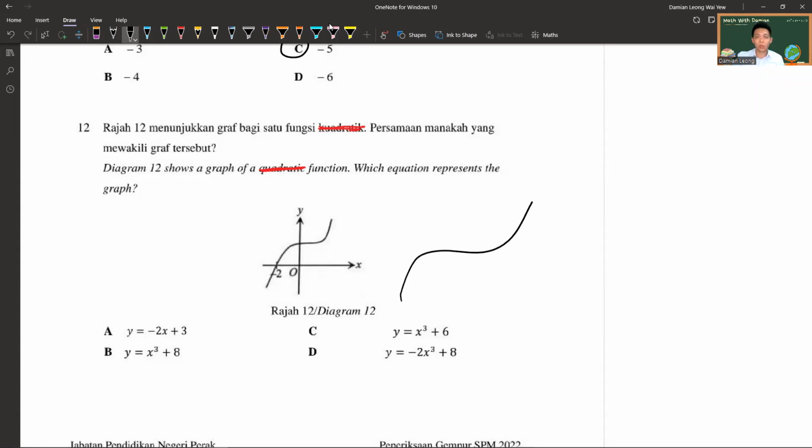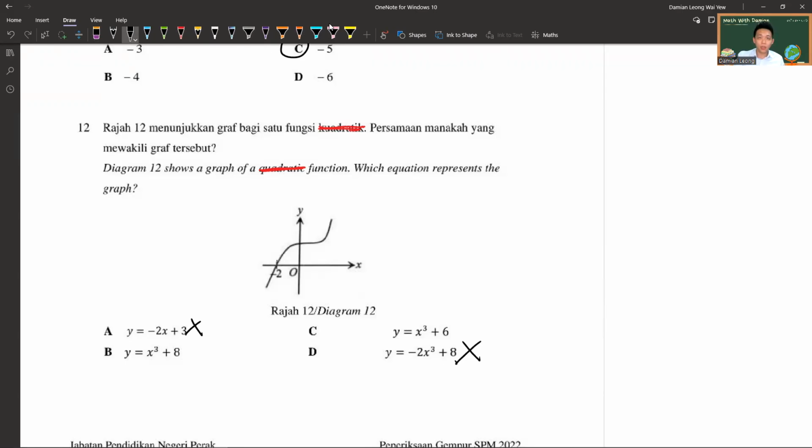The one that turns twice will be the cubic graph. So it's definitely power 3. Look at it going up. Going up means positive, so the x cube must be positive. So it's definitely not this. It's B or C.